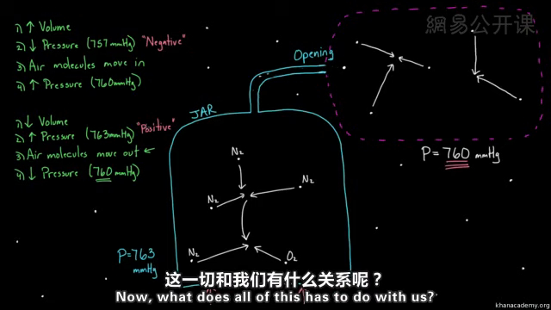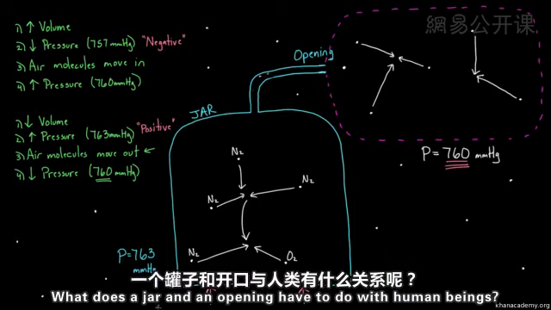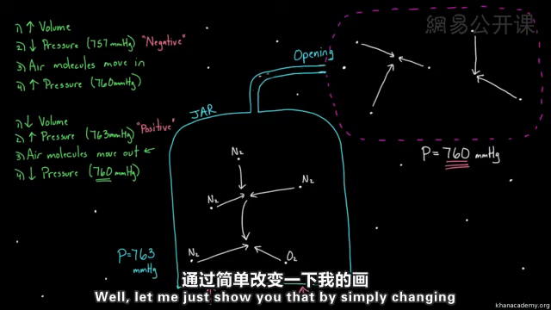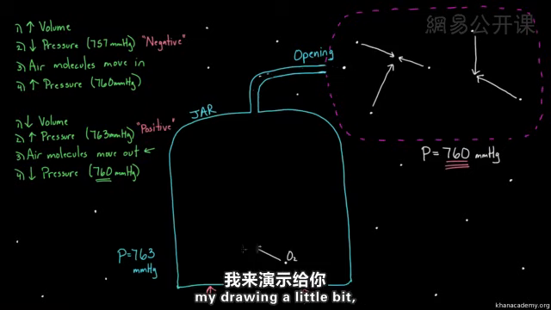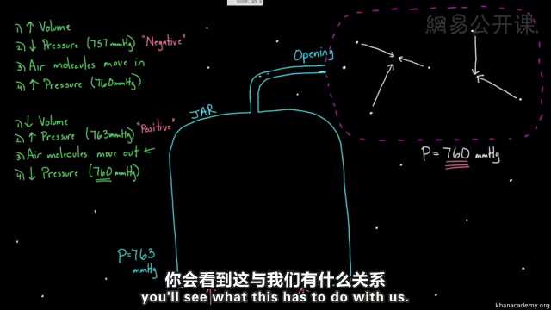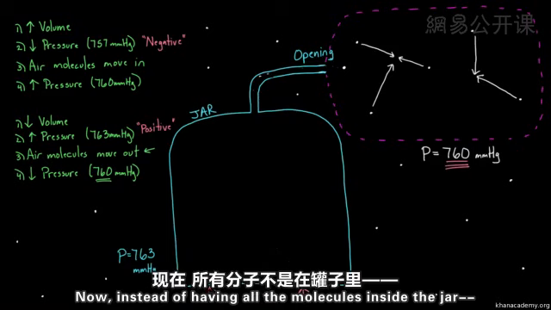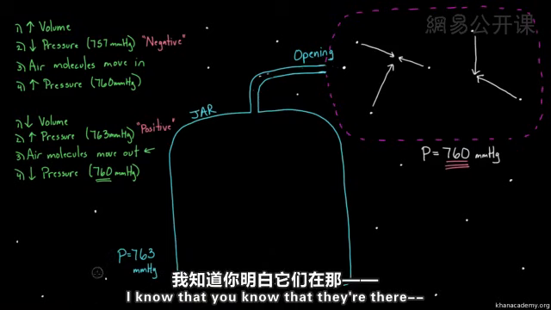Now, what does all of this have to do with us? What does a jar and an opening have to do with human beings? Well, let me just show you that by simply changing my drawing a little bit, you'll see what this has to do with us. Now, instead of having all the molecules inside the jar, I know that you know they're there.